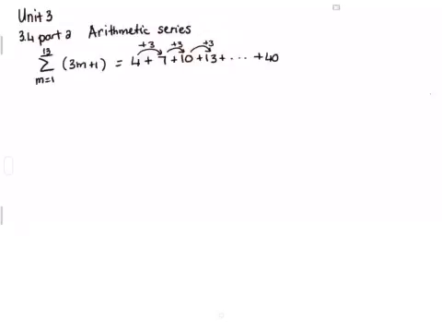So if your pattern is that you keep adding or subtracting the same number, then it's an arithmetic series. And the number that you keep adding is called the common difference.